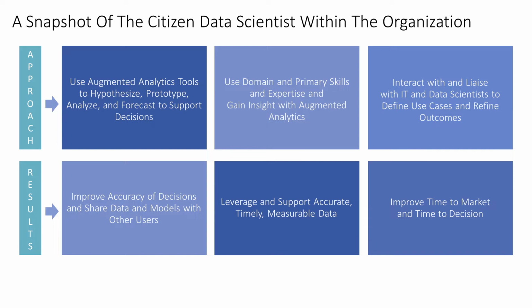Perhaps the most important point to be made here is that if the business is to be successful in this transition, it must address the culture of the organization and promote the idea of citizen data scientists. It must establish and manage guidelines that clearly address who does what, so data scientists, IT, and business users clearly understand when and how to involve other roles in analytical refinement, data sharing, and using data to make decisions.